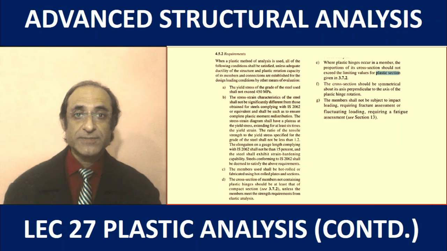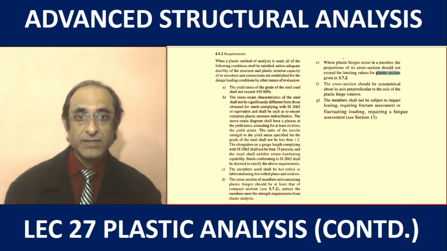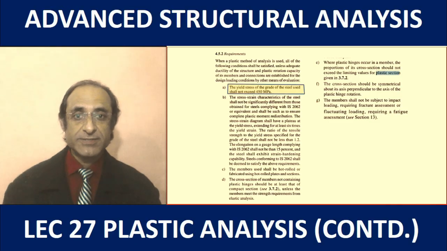So the code says that when we are using the plastic method of analysis, the following conditions must be satisfied. There should be sufficient ductility of the structure and plastic rotation capacity should also be there. So the first requirement is that the yield stress of the grade of steel used shall not exceed 450 megapascal.